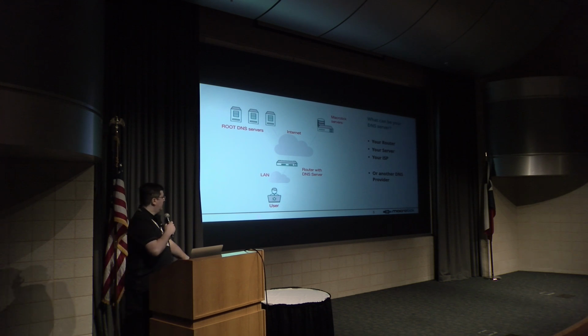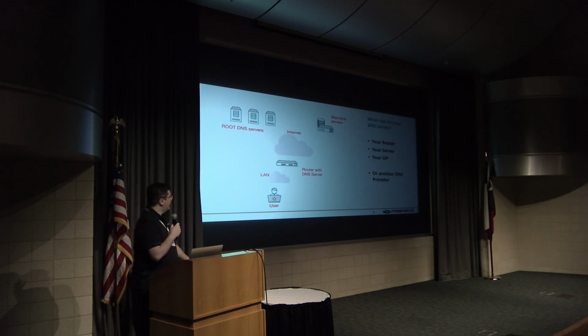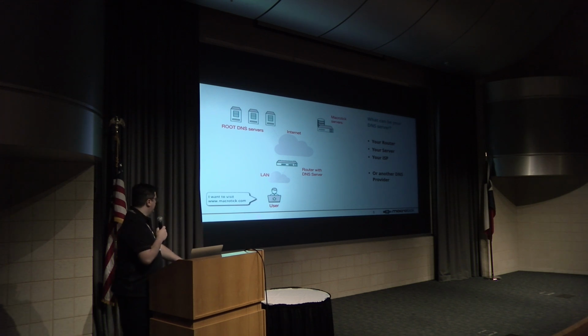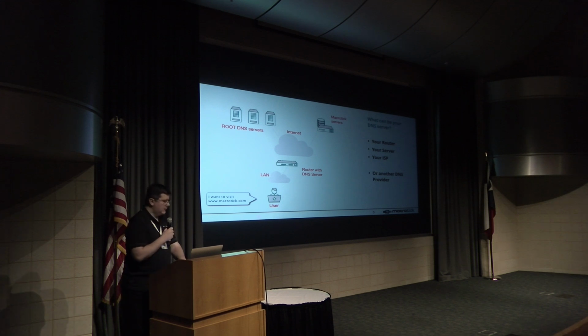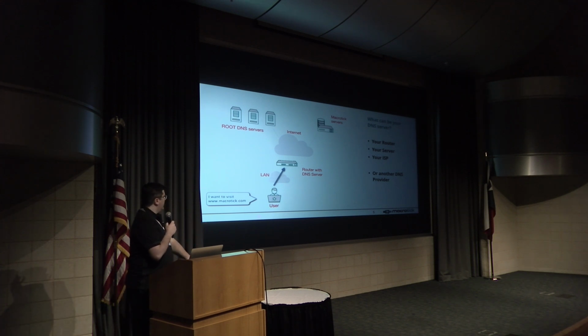So if we look at the very basic diagram, we have a user connected to their local network with a router, and that's facing the internet with a couple of public servers. When a user requests a website, they want to go to MikroTik.com, the request is sent to the router. In this particular case, we have a MikroTik router installed with a DNS server.